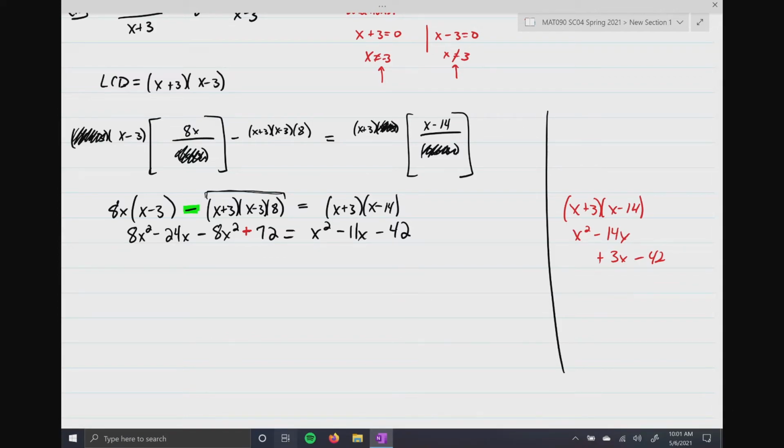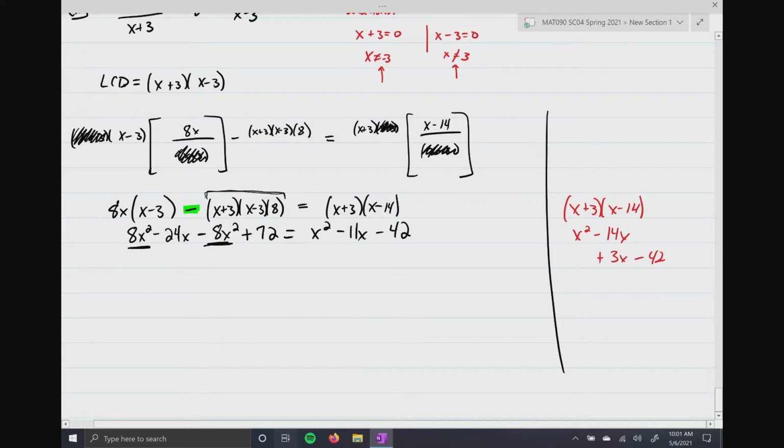So now, I see the x squareds. I know this is quadratic, which means I'm going to set it equal to 0 and solve. But what I'm going to do is group everything first on the left and group everything on the right that I can. 8x squared minus 8x squared. They cancel each other out.